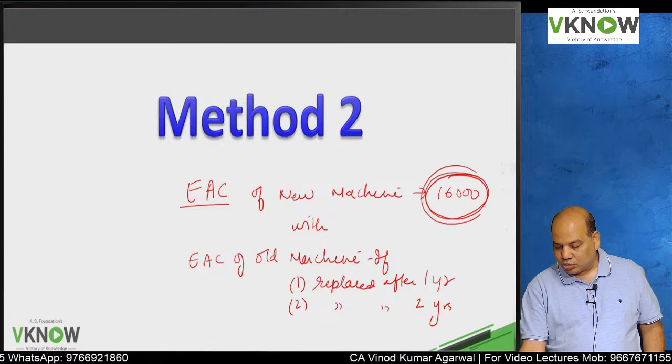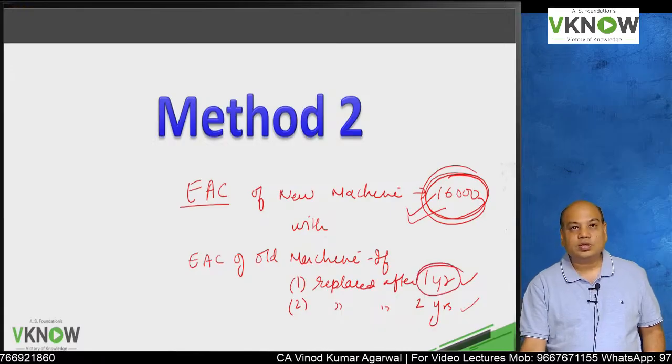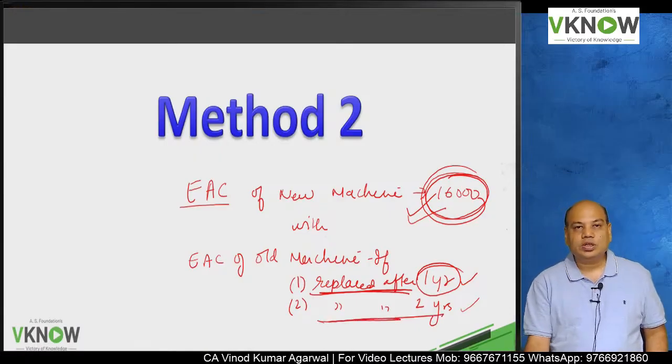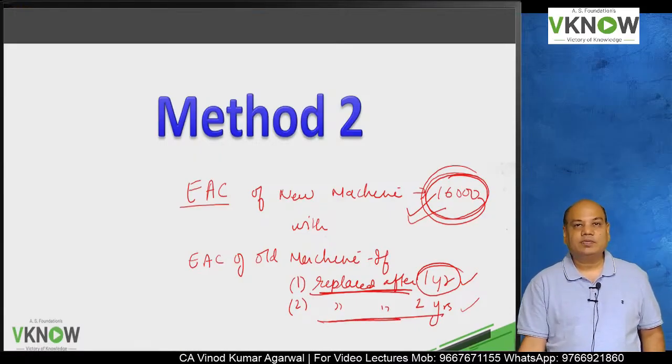If 16,000 is lowest than these 2 answers, then replace now. If EAC of 1 year is lowest, then replace after 1 year. If EAC of 2 year is lowest, then replace after 2 year.